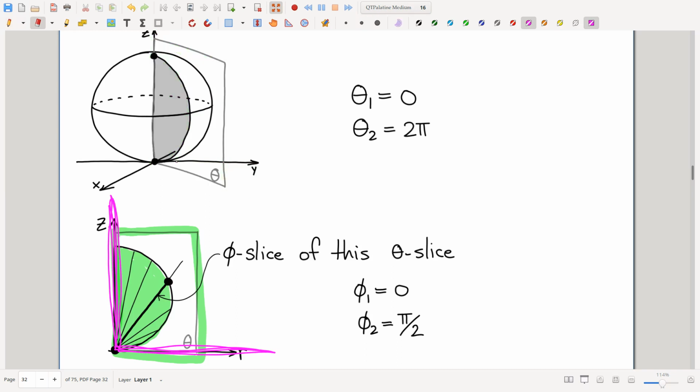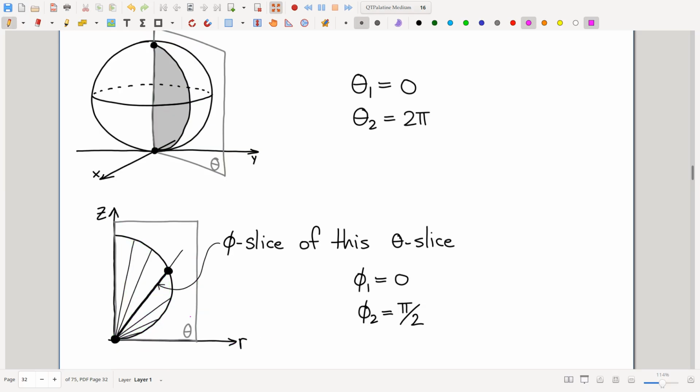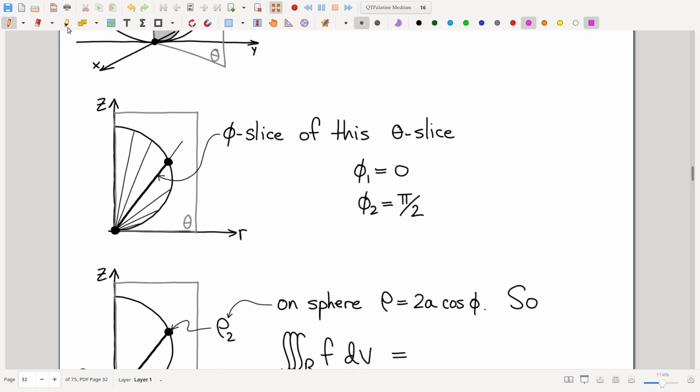Okay, so with that in mind, and looking at our theta slice as we've already drawn it, let's think about our phi slices. That's a phi slice. Keep in mind, phi is this angle, measured off the positive part of the z-axis. So a phi slice looks like this. In particular, it's this kind of line segment like that.